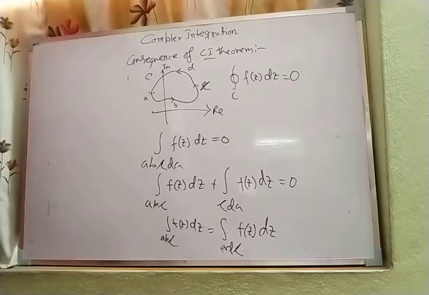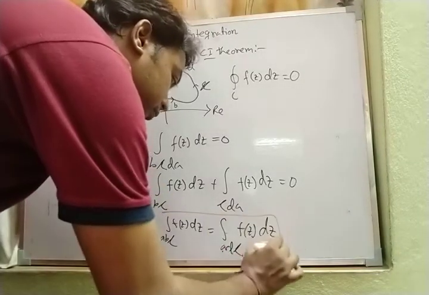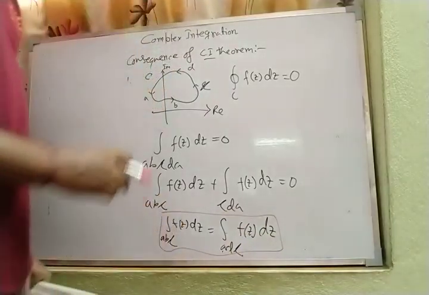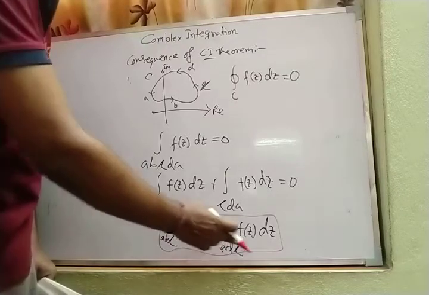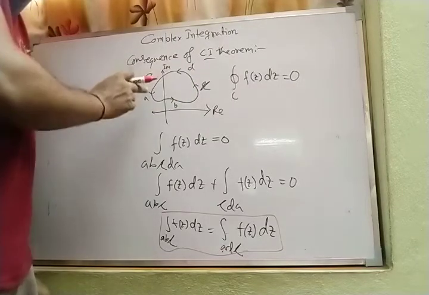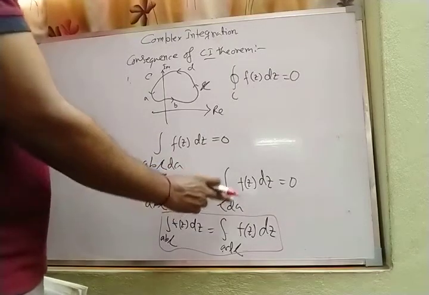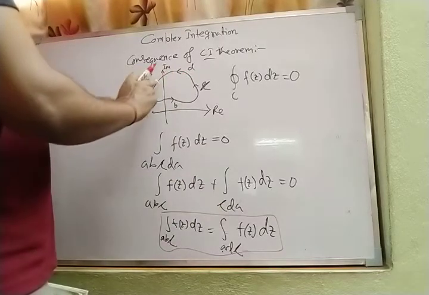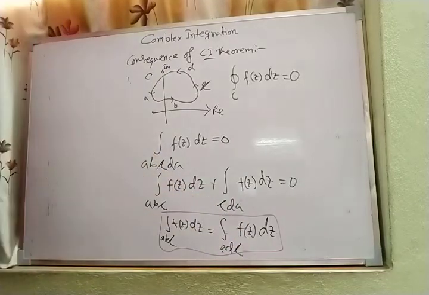Now what we can see from here is that the integration from A to C is independent of path, that is, via this way ABC or ADC the integration remains the same. Remember, the integration value along CDA, that is in this way, turns out to be negative, that is CDA from the opposite side.